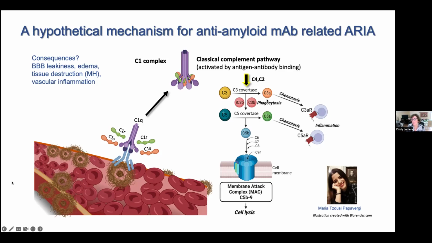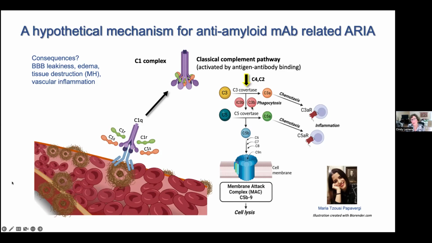C3 convertase cleaves C3 to C3a, which leads to recruitment of immune cells and an inflammatory response, upregulation of pro-inflammatory cytokines at the site of injury or infection. The other thing C3 convertase does is cleave C3 to C3b and iC3b, and those are important for opsonization of immune complexes and phagocytosis of those complexes.